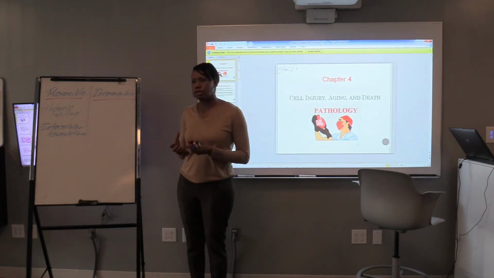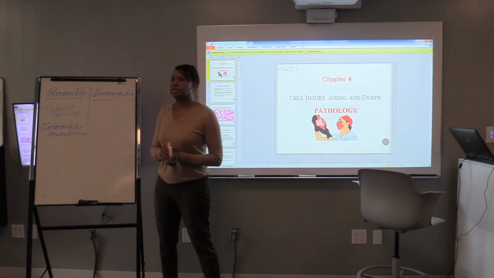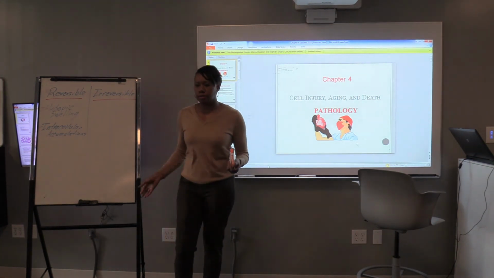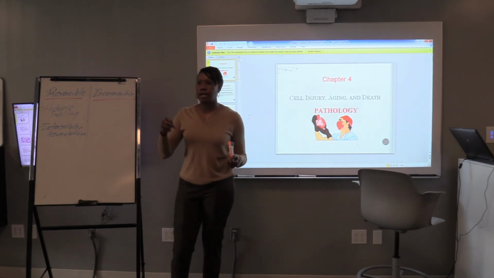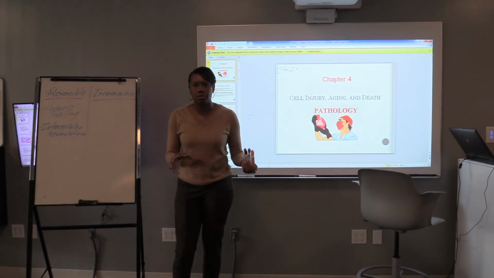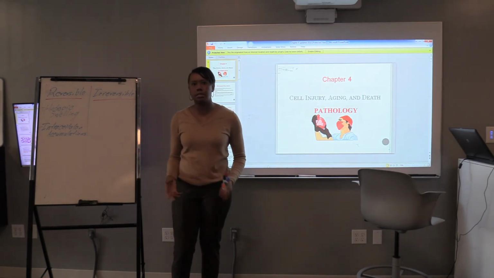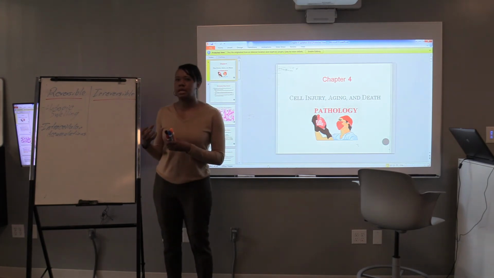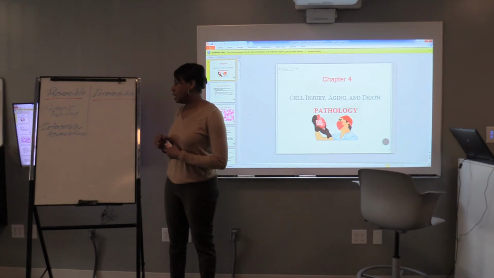One major example that was in the PowerPoint was faulty metabolism. So if something is not breaking down appropriately, let's say the lysosomes aren't working properly and they're not breaking down certain products, now we have excess waste just sitting there. So it accumulates inside the cell and causes that type of injury.